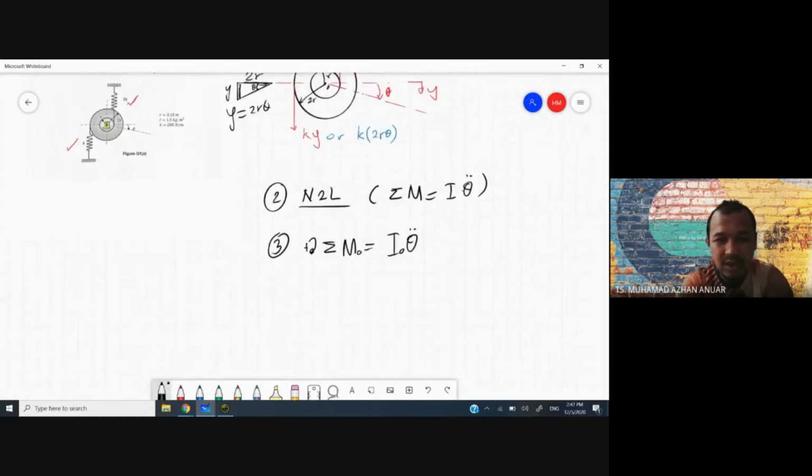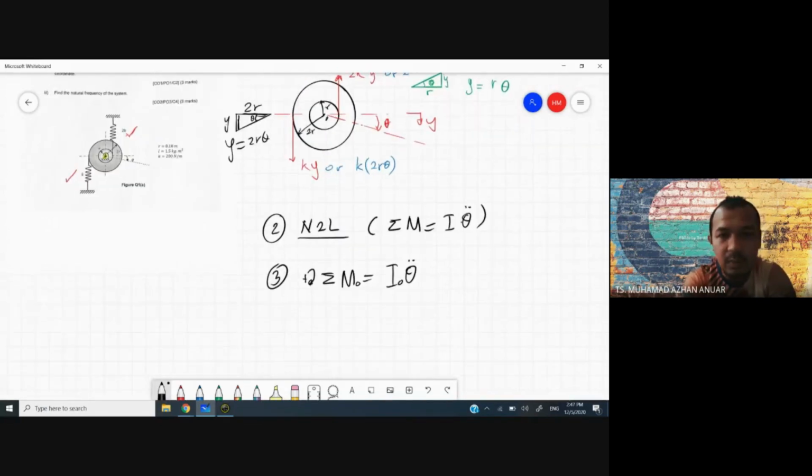So how do we apply the moments in the equation? We take the moments about point O here, so we have two forces there. So either you use minus, why minus? Because this force, the lower one on the left hand side, will rotate in the counterclockwise direction.